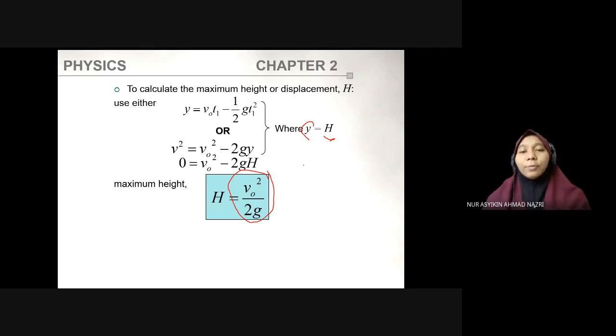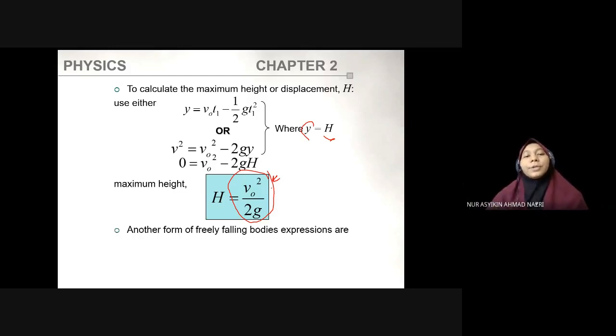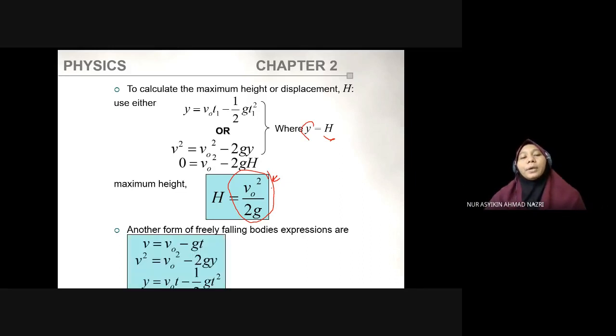Again, you are allowed to use this expression only for case free falling motion. Untuk yang projectile ke apa ke nanti kita akan belajar tu cerita lain. Okay, so ini kita cakap pasal free falling motion. Okay, this one. Okay, so again semua jadi Y lah. Yang ni pun patutnya ada subscript Y.